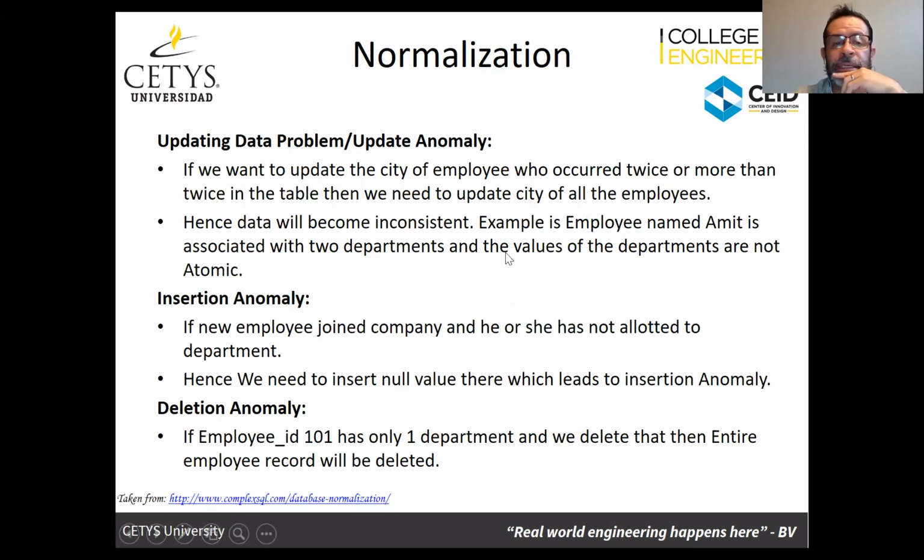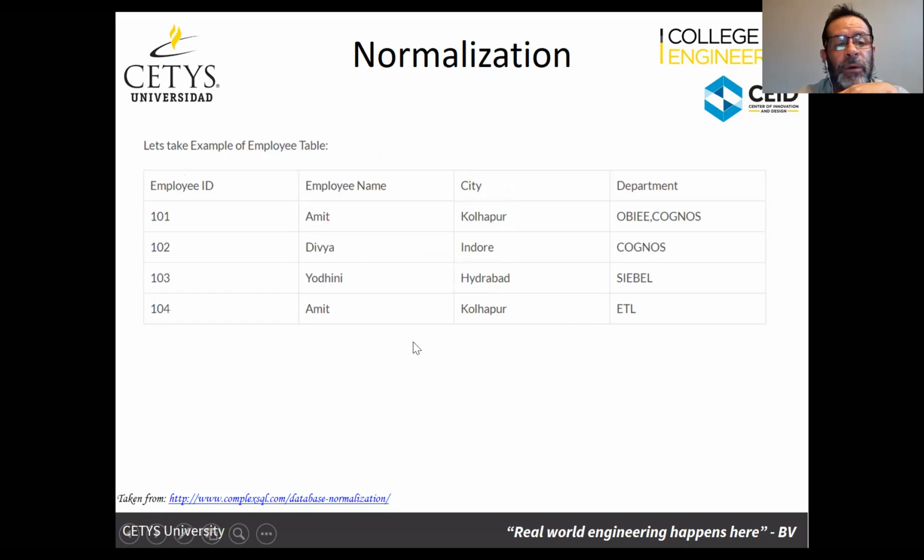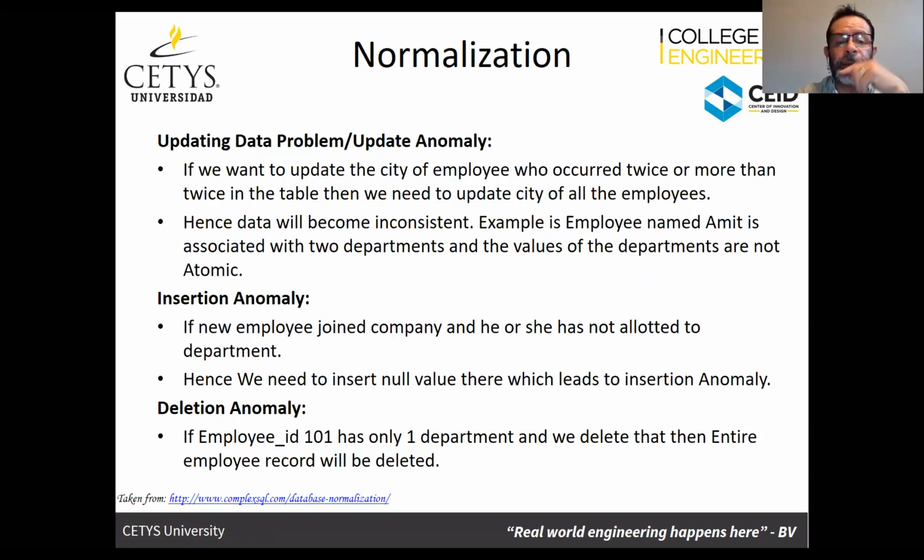The data will be inconsistent. Same thing happens with the departments, which has to do with the insertion anomaly. If a new employee joined the company, oh, that's another thing. Let's assume that we have a new employee, but the other way around, the employee doesn't have a department assigned, then the field in the department is going to be blank. And we don't want that. We don't want null values.